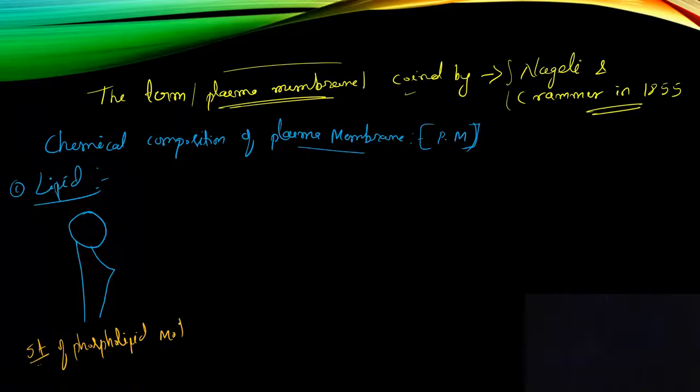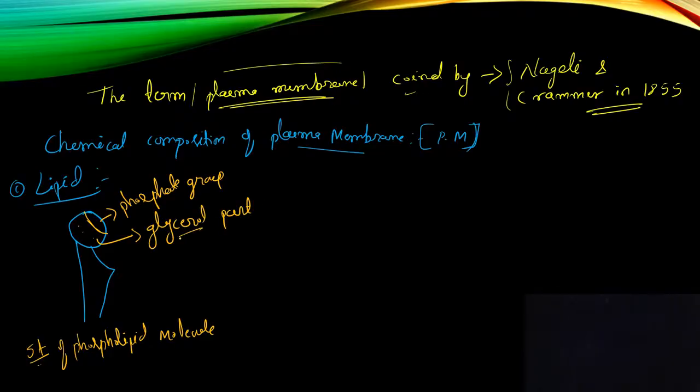This is the structure of the phospholipid molecule. The phospholipid molecule mainly consists of what? Here, as the name indicates, this is a phosphate group, and this is the glycerol part. Glycerol, we know, is the backbone of the lipid, as it is a lipid molecule. Hence, we observe the glycerol molecule, and here the fatty acids.